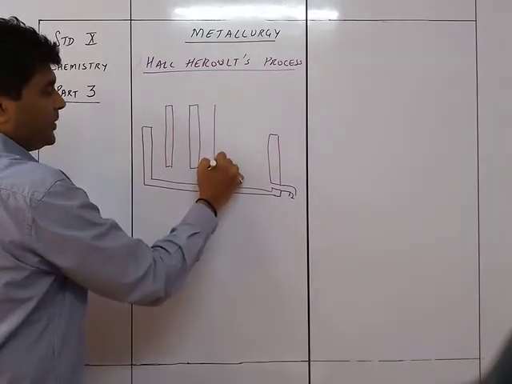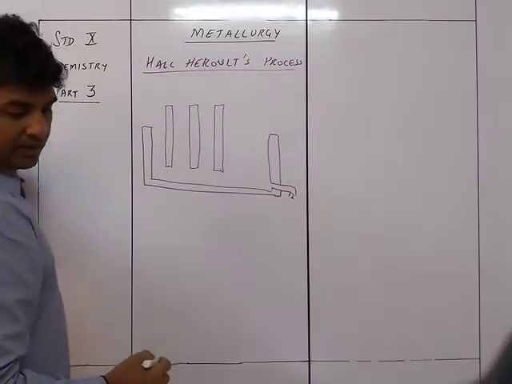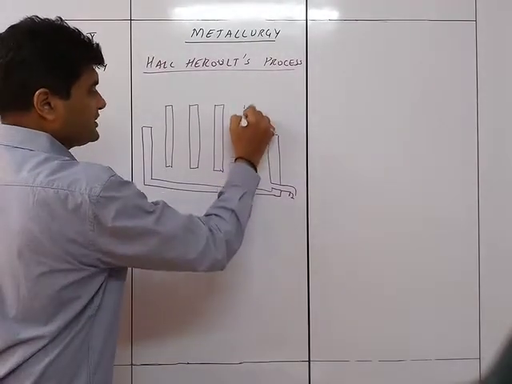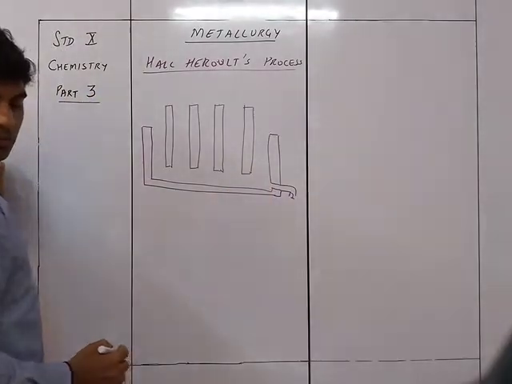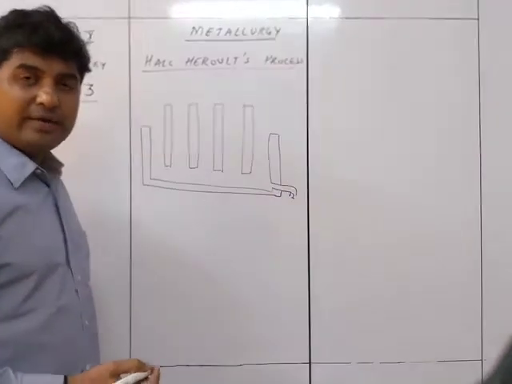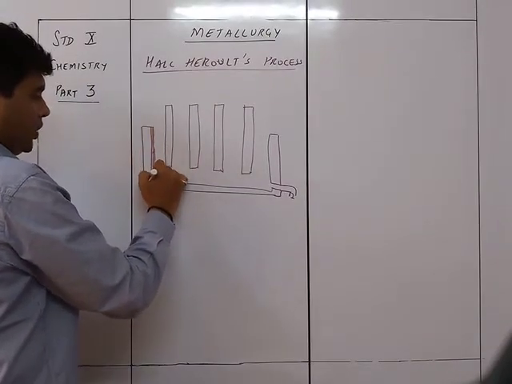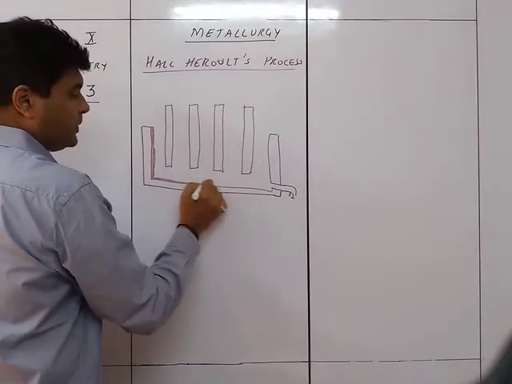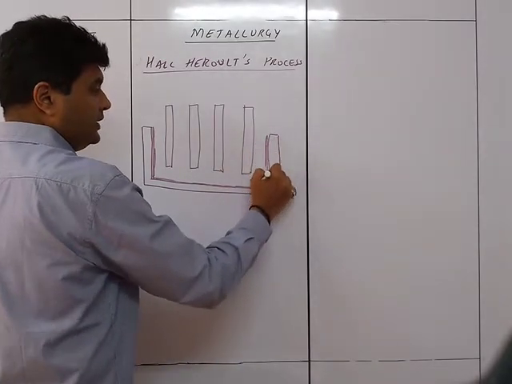The anodes are made up of graphite, carbon. So there will be carbon rods. And what they've done is that the cathode is the lining over here. There will be carbon lining on the sides of this particular tank, which acts as the cathode. So the cathode is the tank itself.